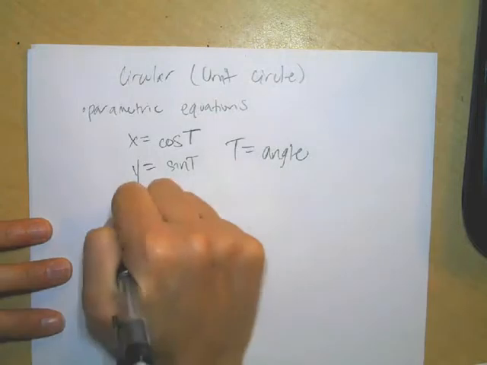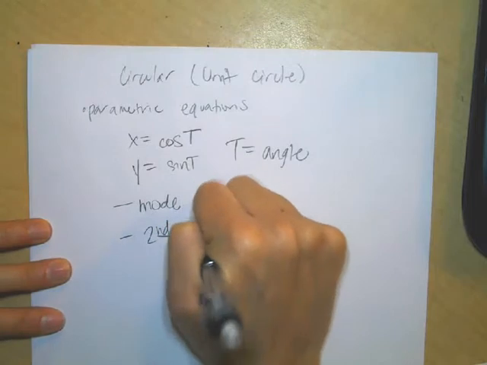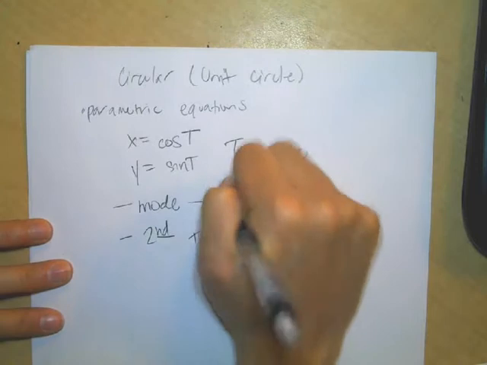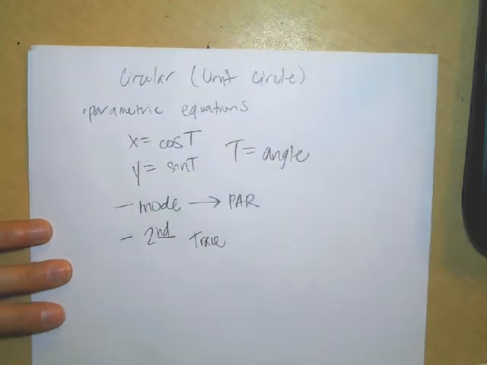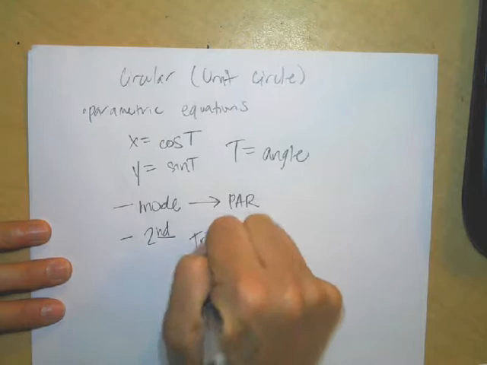The other thing you can do is hit second trace. Actually, I'm sorry, the mode you should be in is PAR for parametric, and also degree or radians, which I'll show you how to do in a minute. Then you hit second trace, and this will give you a thing called value.